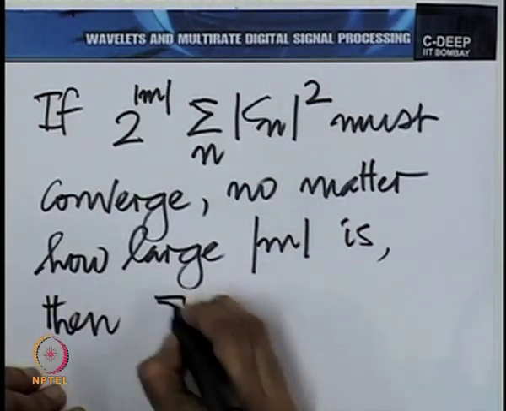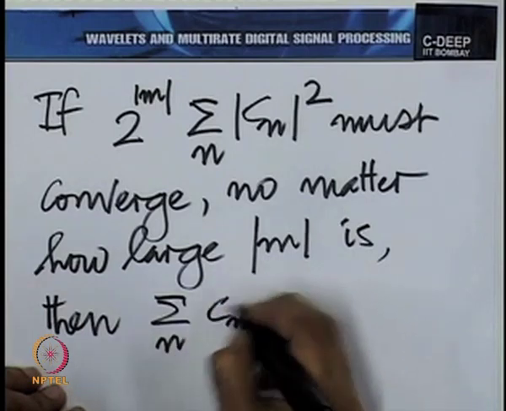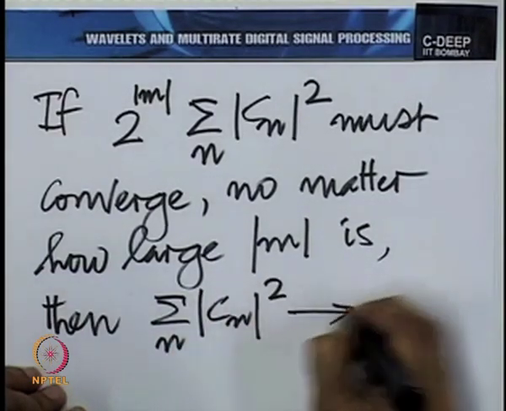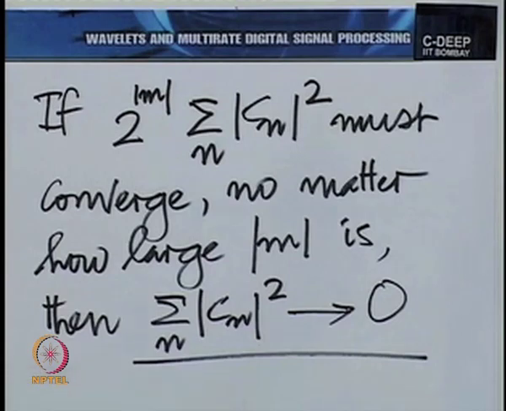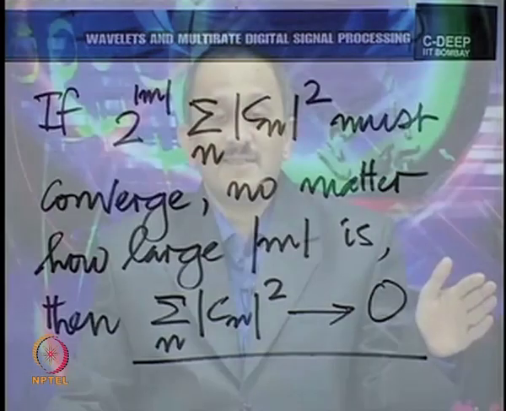Then we must have summation over n C n squared tending to 0. So, essentially what we are saying is, as we move leftwards, we are going towards the 0 function, a point that takes a minute to understand, but is not so difficult, as you can see.